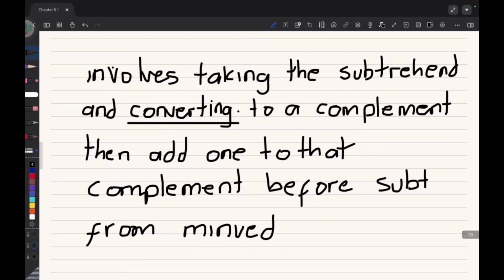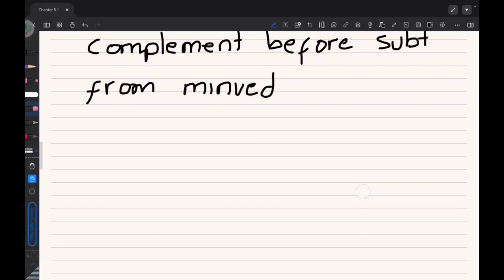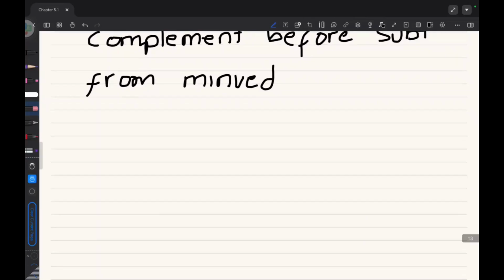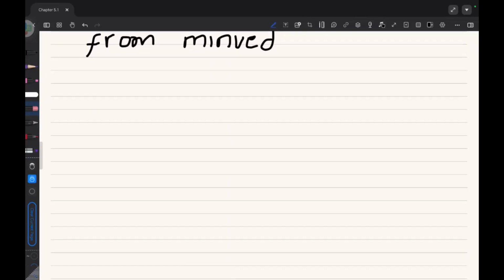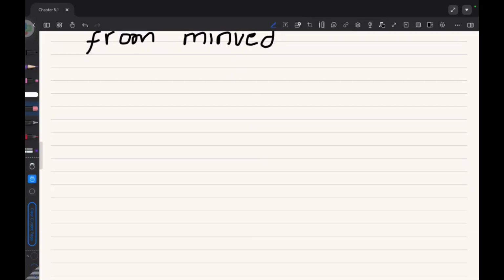So you take the subtrahend, convert it to its complement, and then add 1 to that complement before you subtract it from the minuend. This works when subtracting. Whenever you have a negative number, you use the complement and then you add the 1.